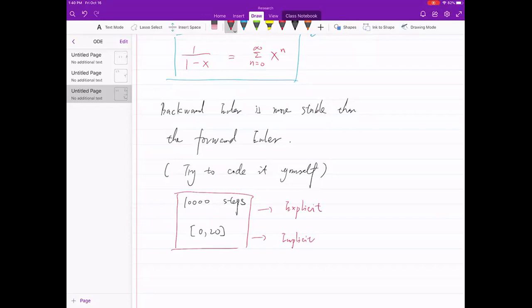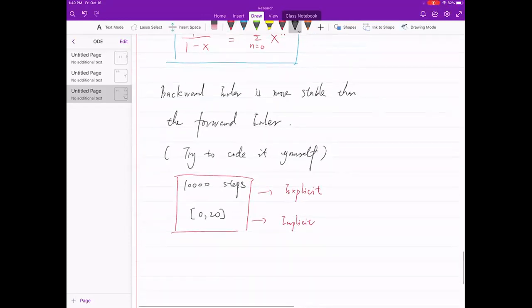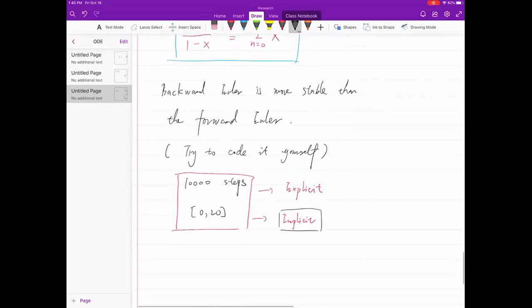Your expected result is implicit should give you something reasonable at 1,000 steps. You don't have to actually go to 10,000. The code is already posted online, so you can go there and modify it to do a for loop to figure out this fact.